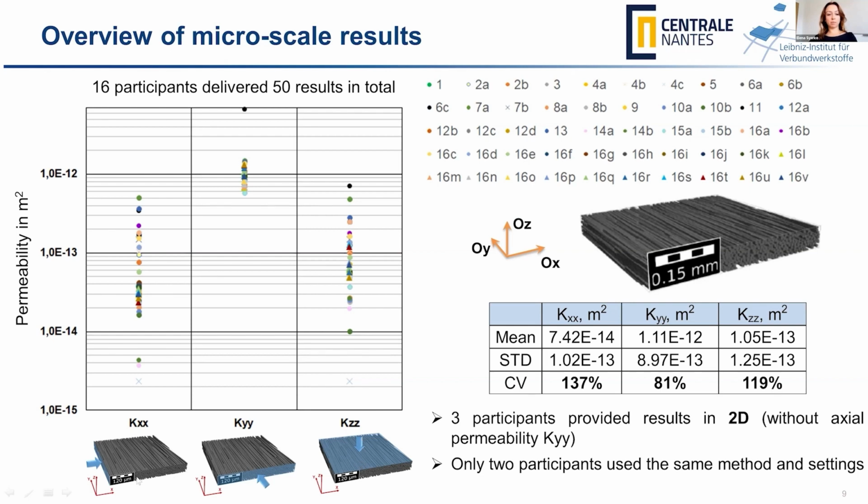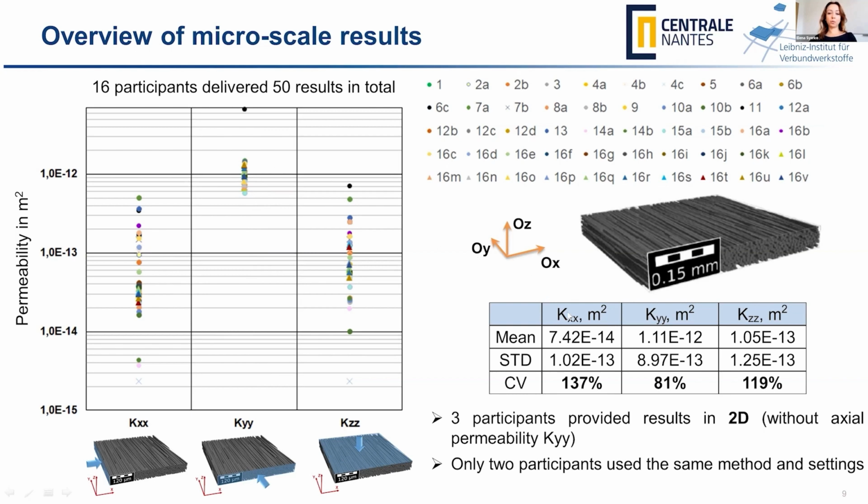In plane, they are different because we have the fiber direction and the direction transverse to the fibers. That's why we can see close values of kx and kz and naturally much higher values of ky, which is in the fiber direction.